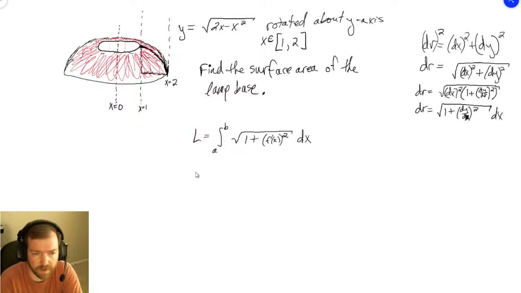Alright, then in order to get all of the surface of this thing, we need to figure out what the circumference is of all of these individual pieces. This is going to be 2 pi times r.